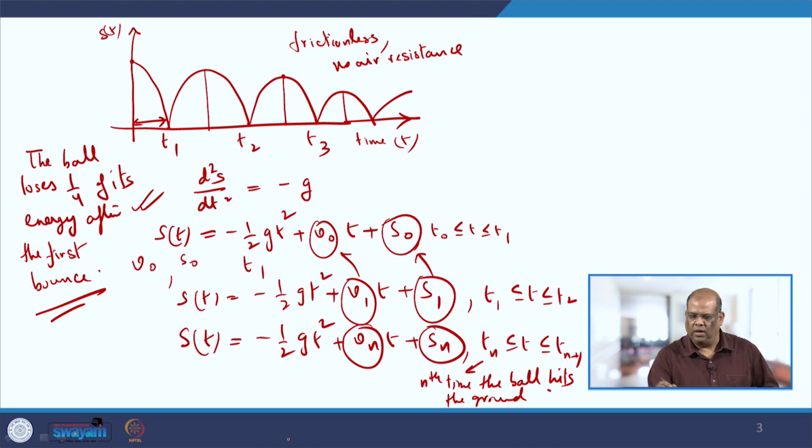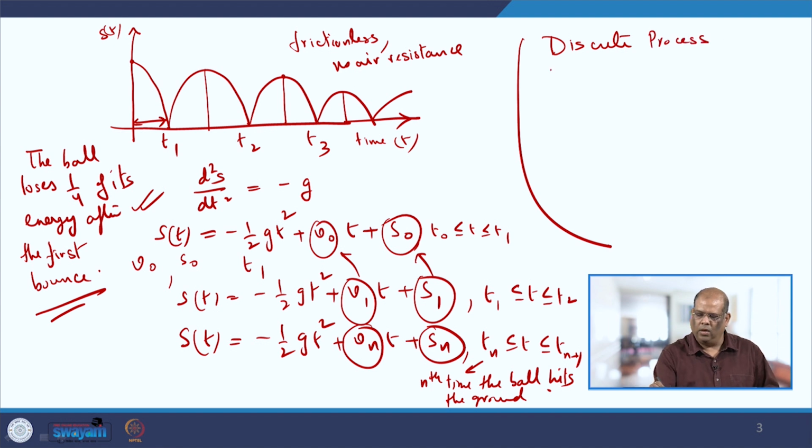The same situation, only in this case we consider the discrete process. So, we concentrate on the sequence of heights, that is this height and this height and so on. So, the ball loses 1/4 of its energy, there is no air resistance.